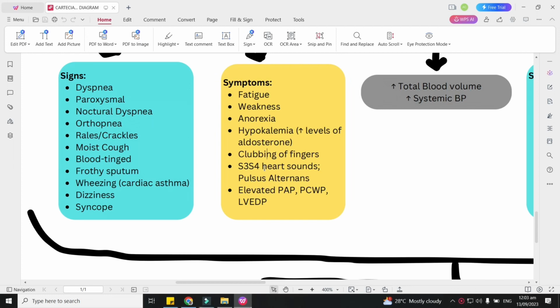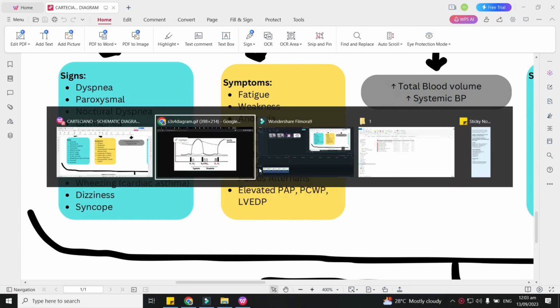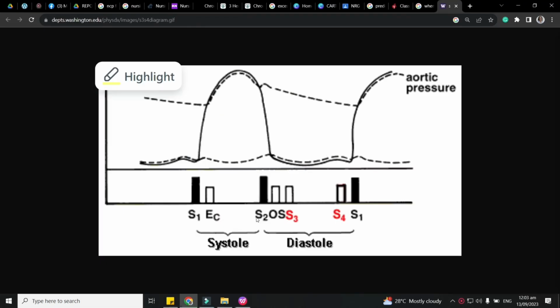So it's supposed to be only S1 and S2 because lub-dub, right? But when our patient have problems with the heart, these other two can be heard. So there's a picture here. So as you can see, S1, S2, then we have S3 here, early, and the late diastole, S4.